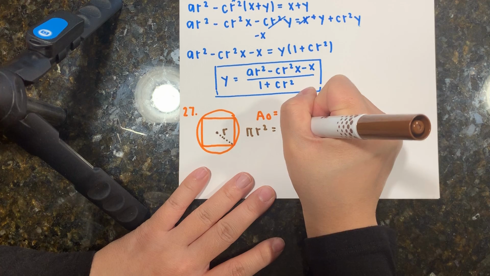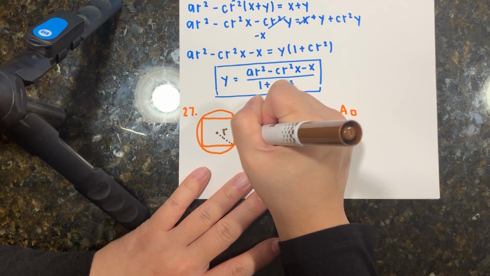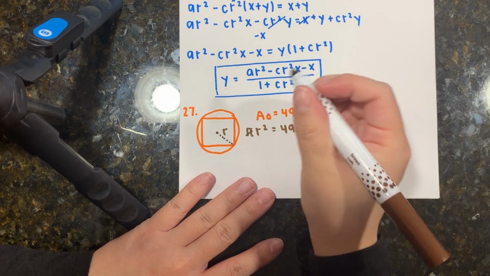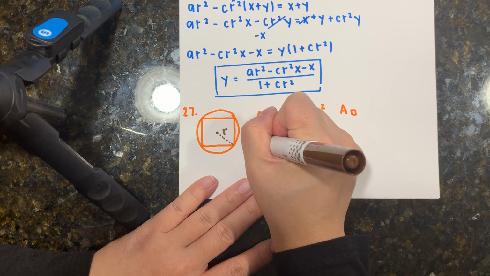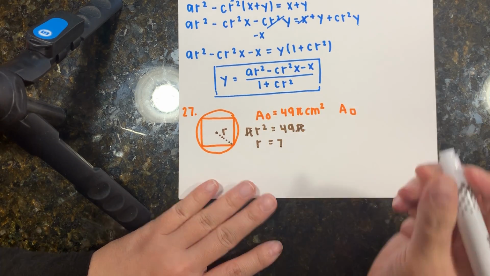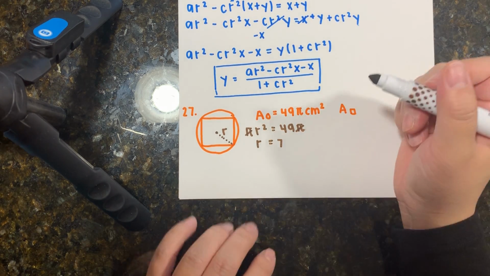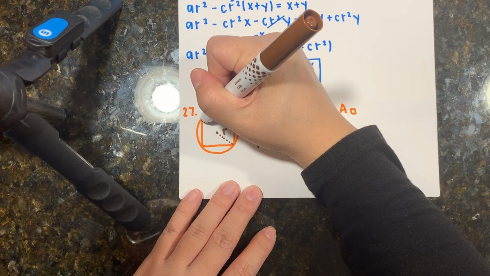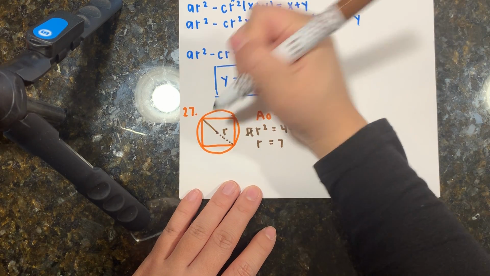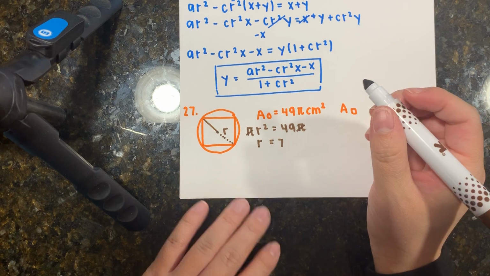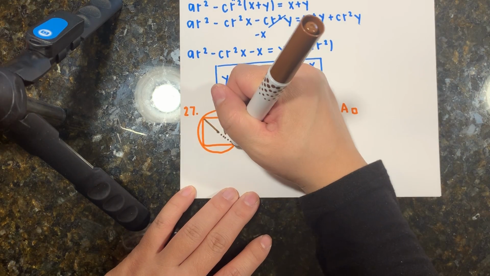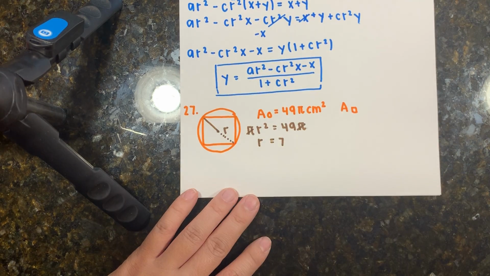It's equal to 49 pi. The pi's on both sides are going to cancel, and when you take the square root, r is going to be equal to 7. So that means the radius is 7. Now, if I continued this diagonal, we notice that 2 radii make up the slant or the diameter of the circle.